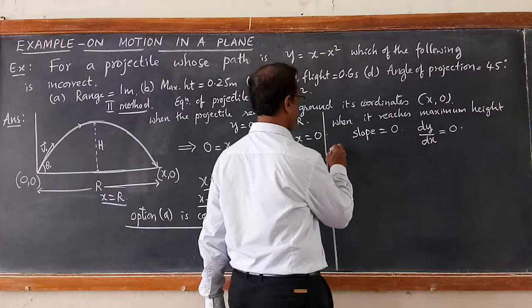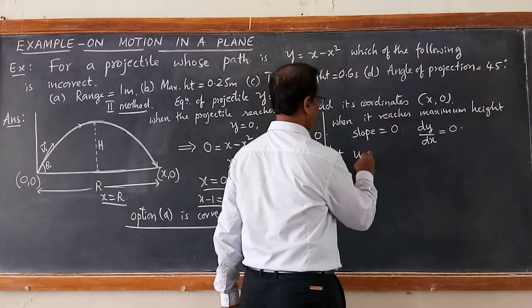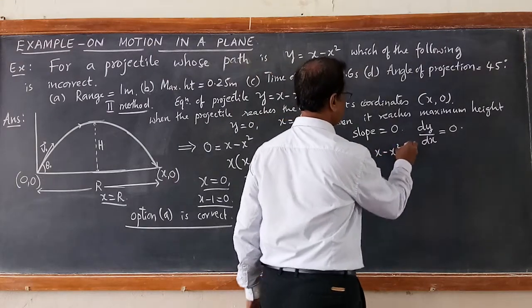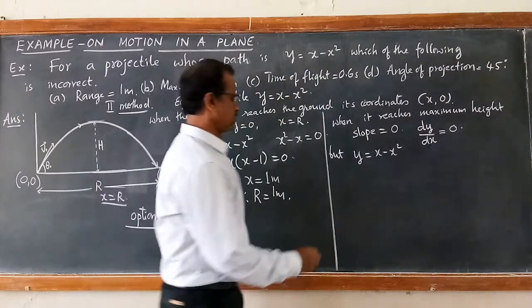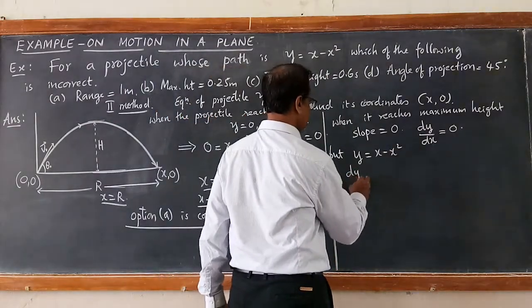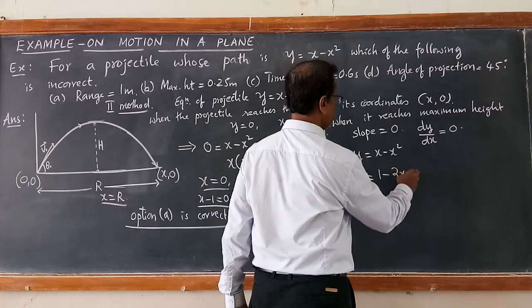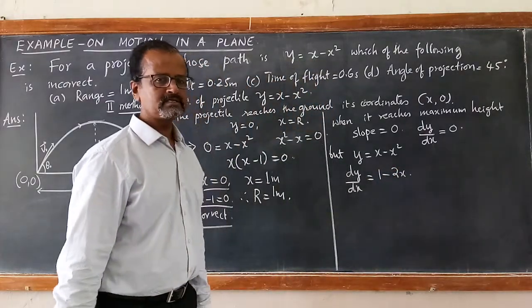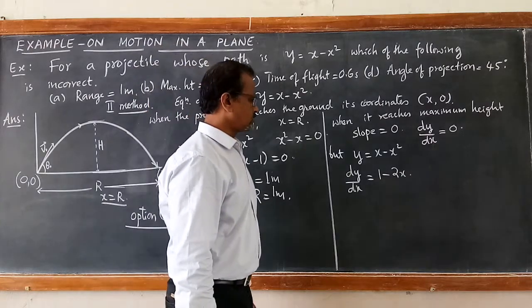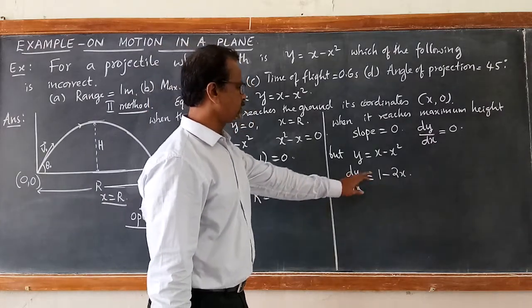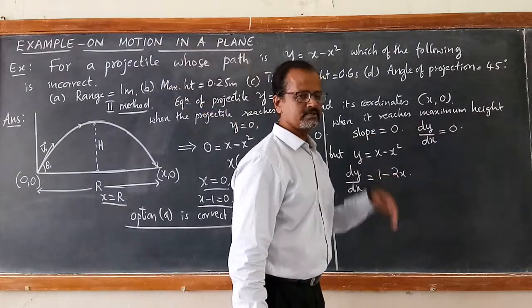But what is y? y is equal to x minus x square. So let us differentiate this. Differentiating, dy by dx we get 1 minus 2x. Now 1 minus 2x must be equal to 0 because dy by dx is equal to 0.